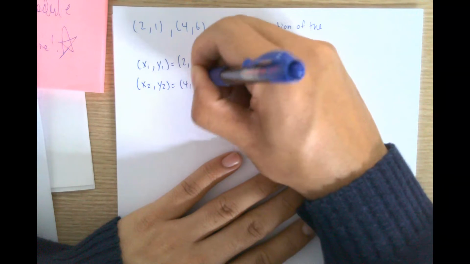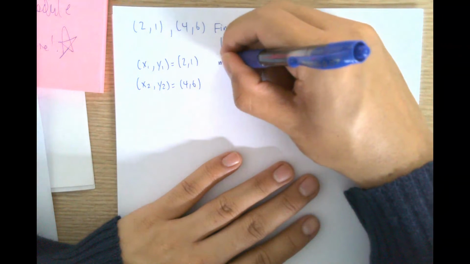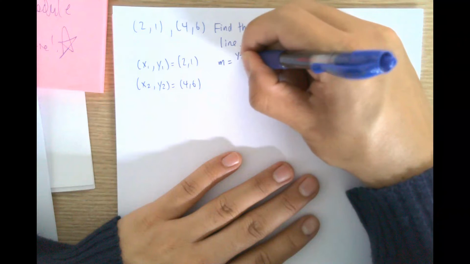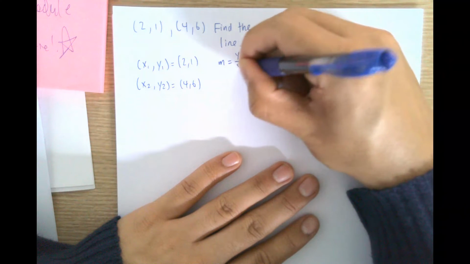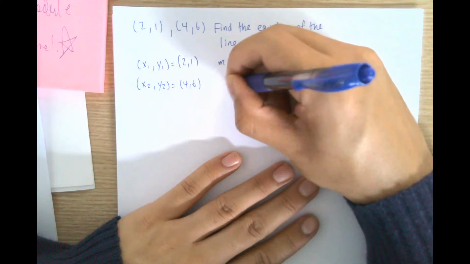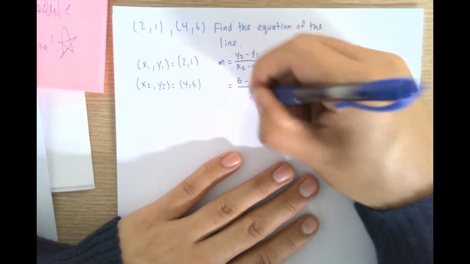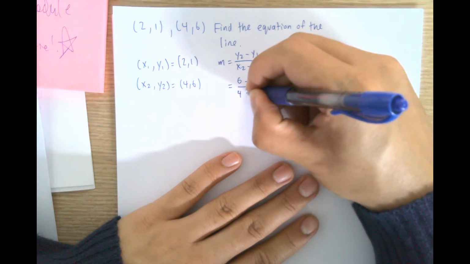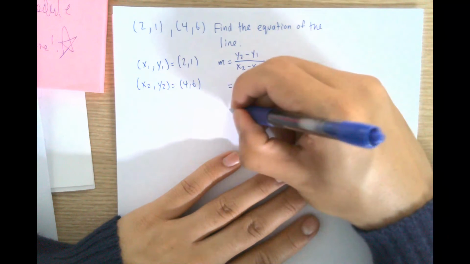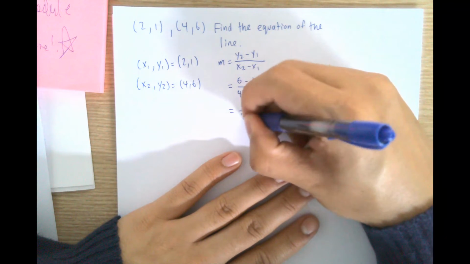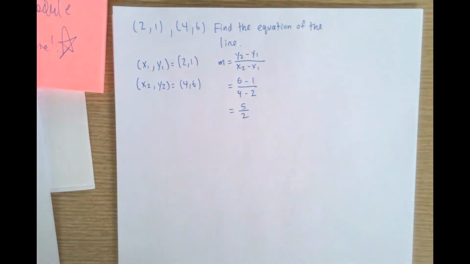And now I can use my slope formula. Okay, so then I get the slope, 5 divided by 2.